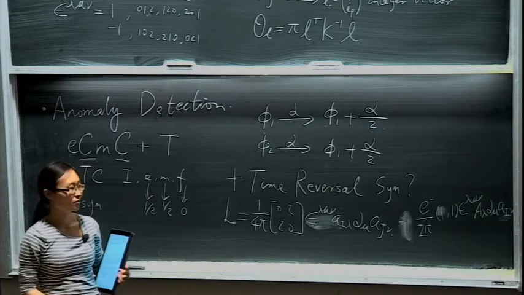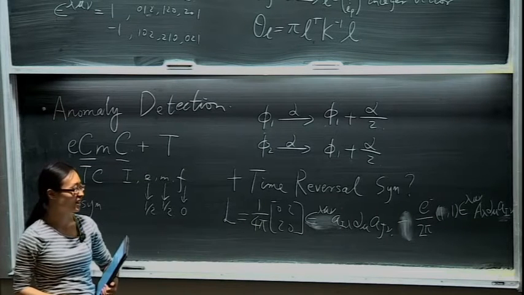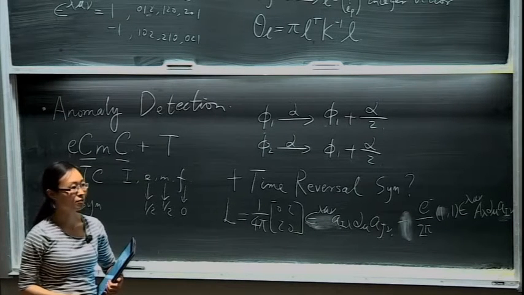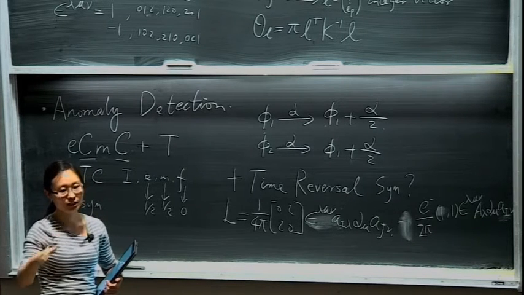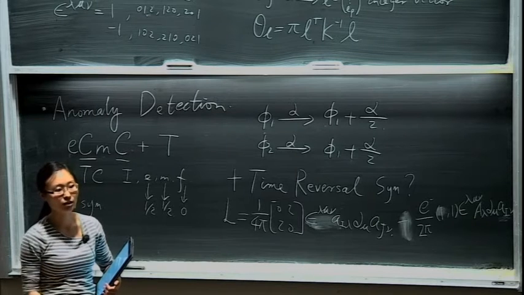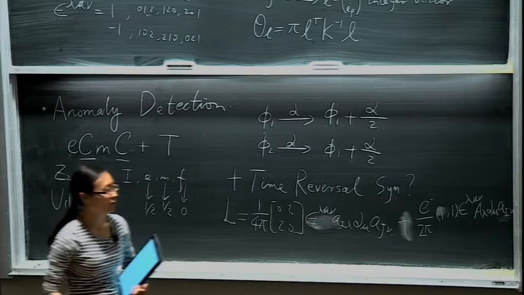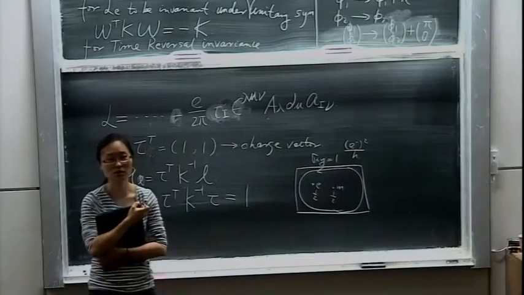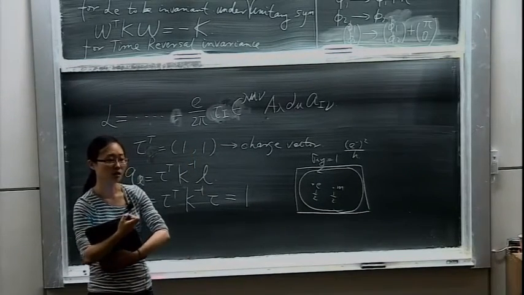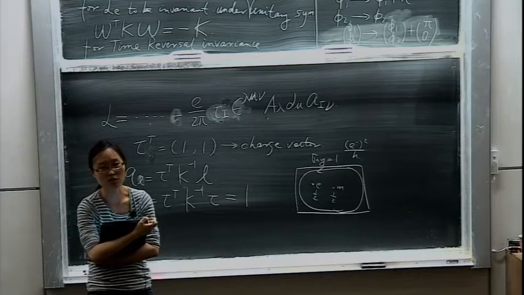So it looks pretty much fine until we realize there's a theta term in the effective theory description, which corresponds to the fact that the edge theory, if you really put it in 2D, there's a 1/2 Hall conductance. Compared to here, this is a 1 Hall conductance. But in the case of fermionic topological insulator, the single Dirac cone, if we put it in 2D and gap it out, there's a 1/2 Hall conductance.